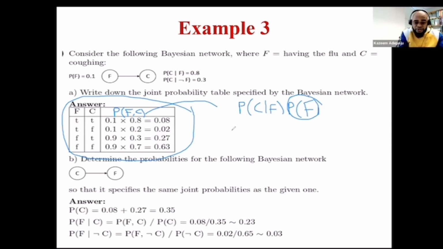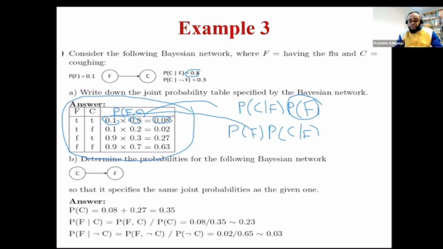In order not to confuse you, maybe I can write it this way: I can start with F and later write C given F, it's the same. So this is the first one here. And C given F, the cough given that it is true that you have the flu, is 0.8. That is why you multiply that, and that will give you this.